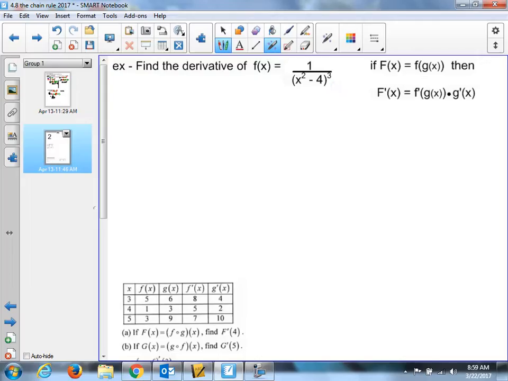But can you think of a way I could rewrite this to not use the quotient rule? Yep. Bring it upstairs. He knows what I'm talking about because he's done this before. What would that turn into? What Hashim was saying. How could I make that a function where I could now use this chain rule instead of the quotient rule?